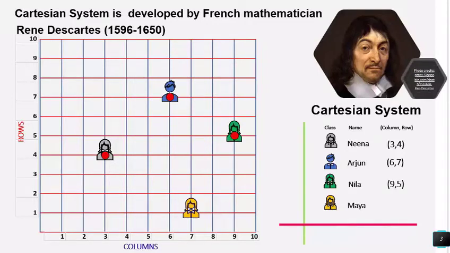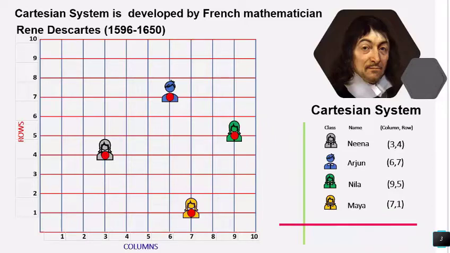Now, where is Maya sitting? She sits in seventh column, first row. So, 7, 1. Remember, we should mark column first and row second. This is the easiest way to locate a point in a plane. Rene further developed this into x-axis and y-axis.